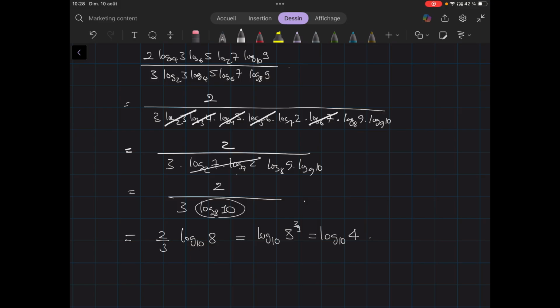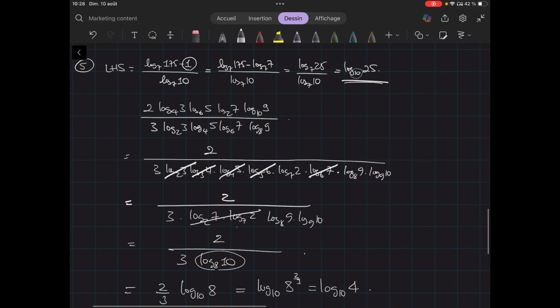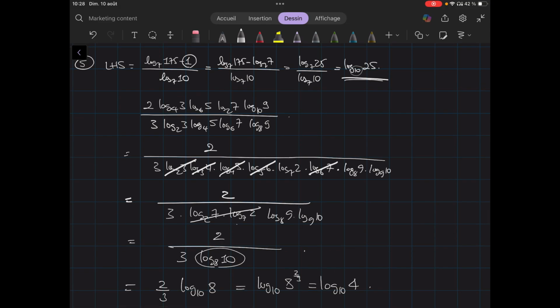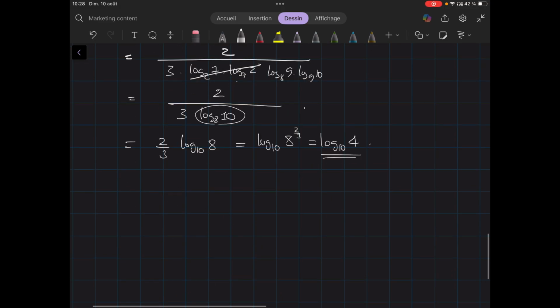Et voila. We have log base 10 of 25. We have log base 10 of 4. Therefore, the left-hand side is equal to log base 10 of 25 plus log base 10 of 4. That is log base 10 of 100, or 2. Very nice.